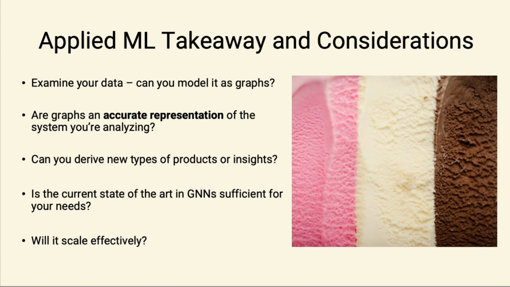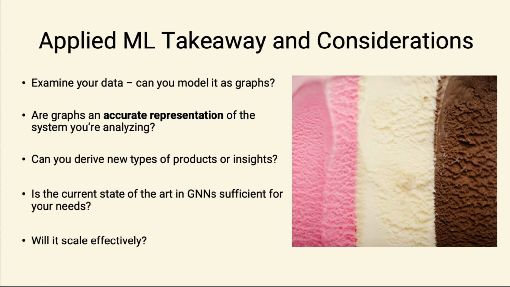Once you do that, also make sure graphs are the most accurate representation of the system that you're analyzing. Because if you can have a simpler abstraction for it, you might as well just use that and not use graphs. But it's good to think along those directions, because that can open up avenues for extracting new types of insights or even building new products.